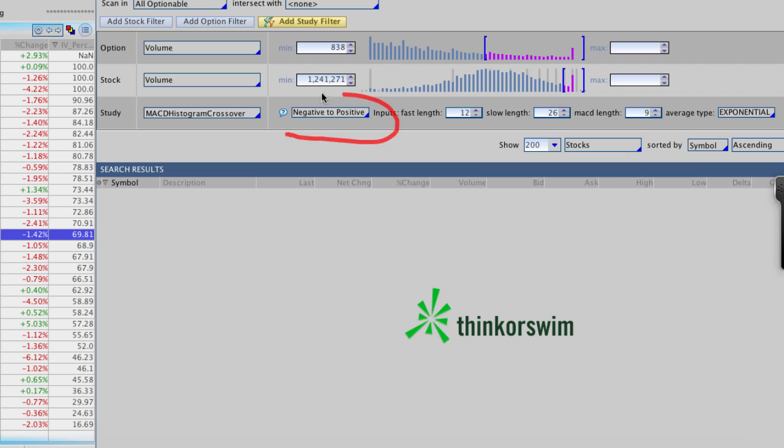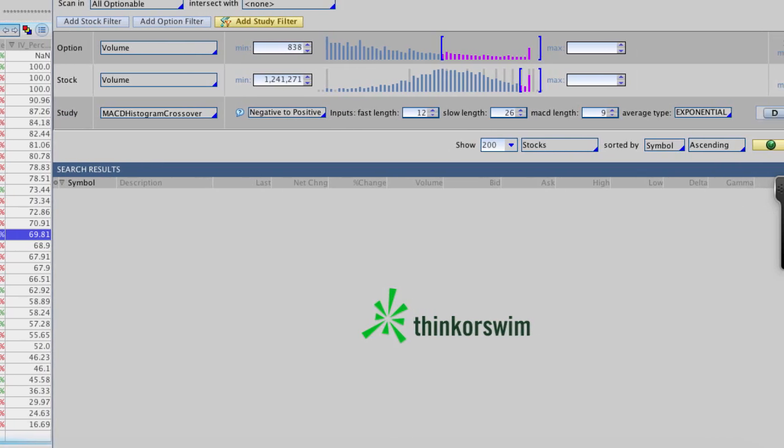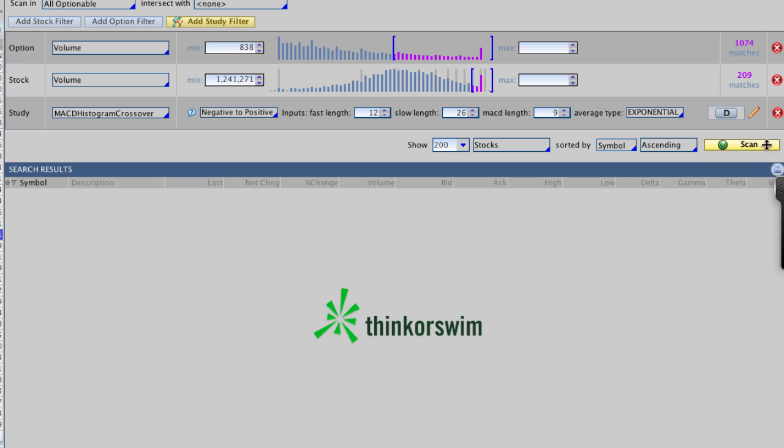You can look specifically for stocks that have a MACD histogram crossover that went from negative to positive based on some set of inputs. If we just use this one here, we can go ahead and click scan.